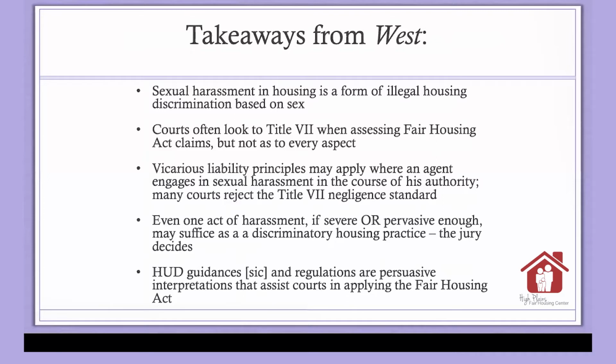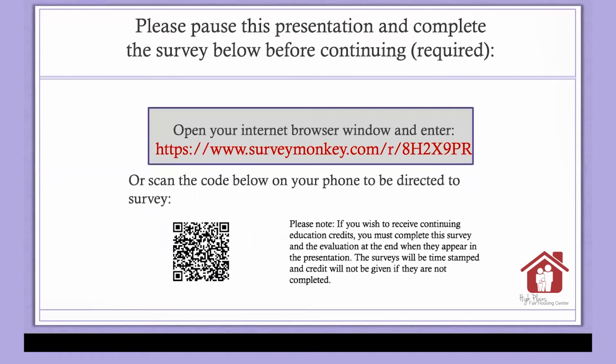This is something for the jury to decide, which is why this claim survived the defendant's motion for summary judgment. And this case also talks about how guidances issued by HUD and regulations that are in the Code of Federal Regulations are persuasive interpretations that assist courts in applying the Fair Housing Act.